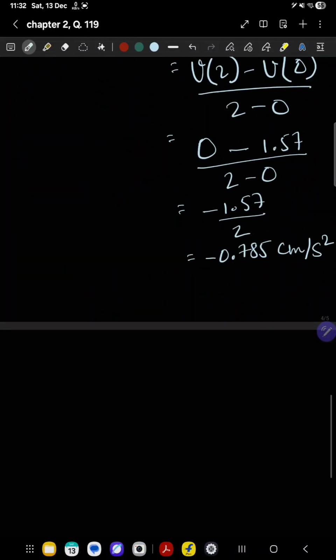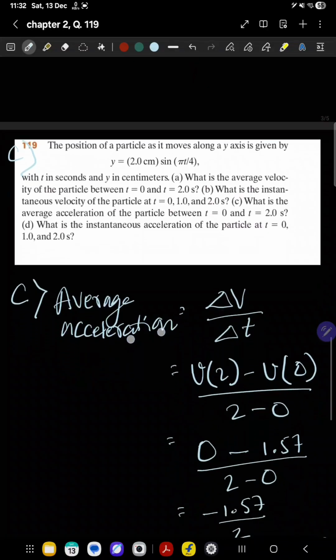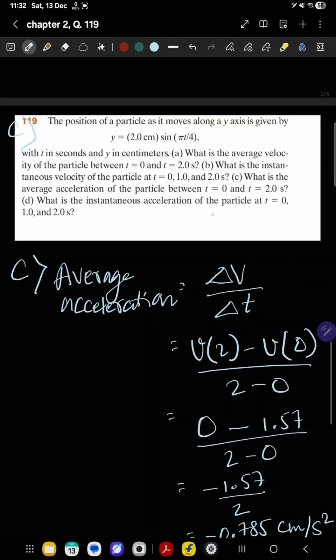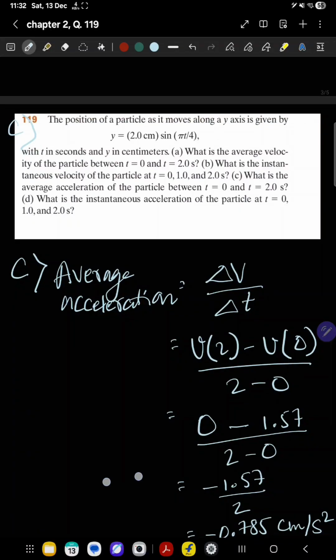Now for the D part, the question: what is the instantaneous acceleration of the particle at t equal to 0, 1 and 2 seconds?